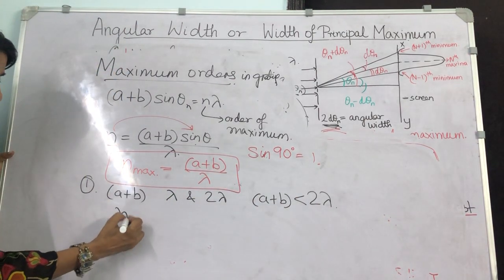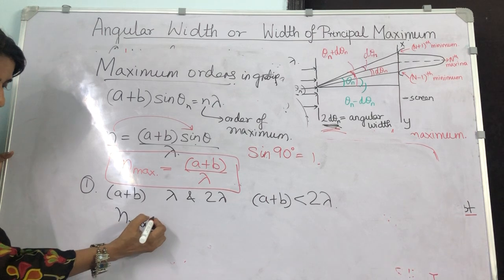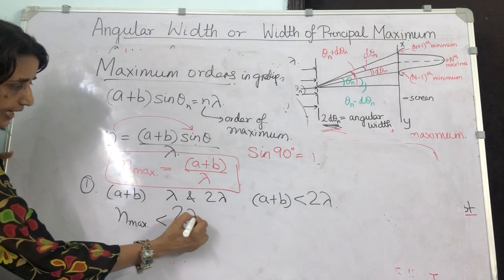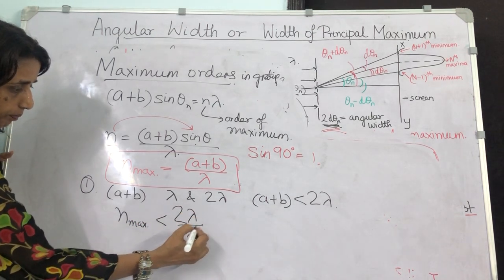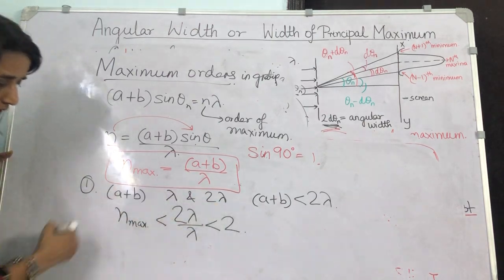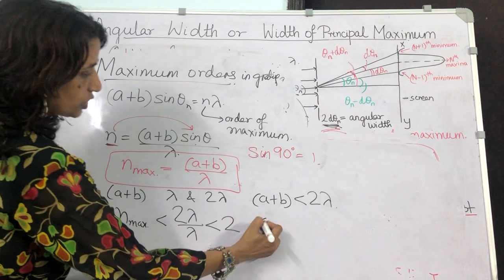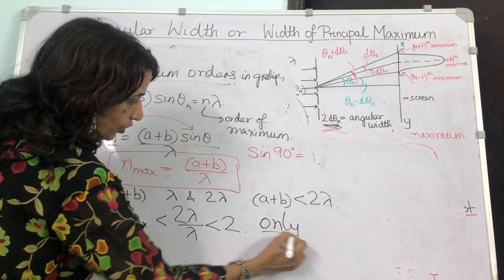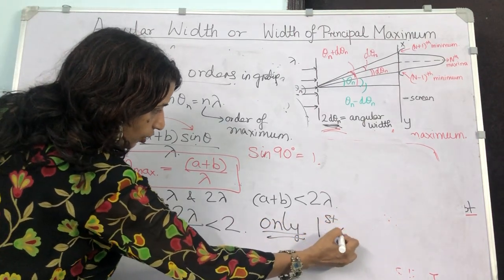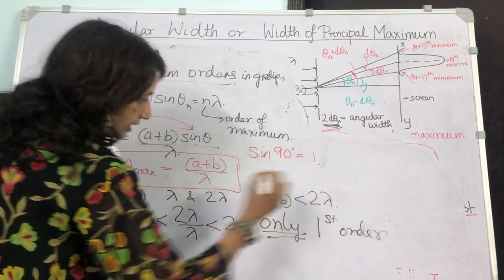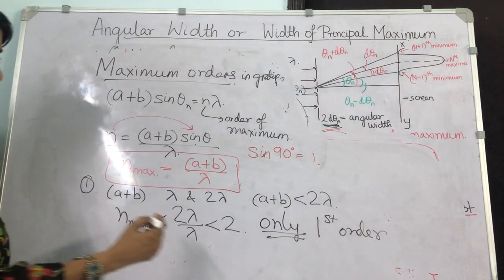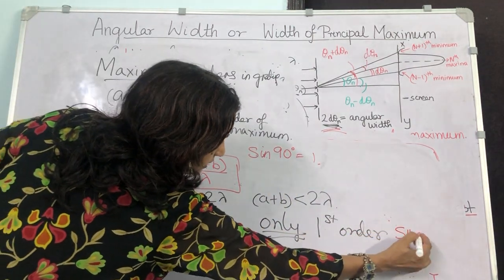The maximum spectra formed will be less than 2 lambda upon lambda, that is less than 2. For normal incidence, less than 2 means only the first order spectra will be seen in this case.